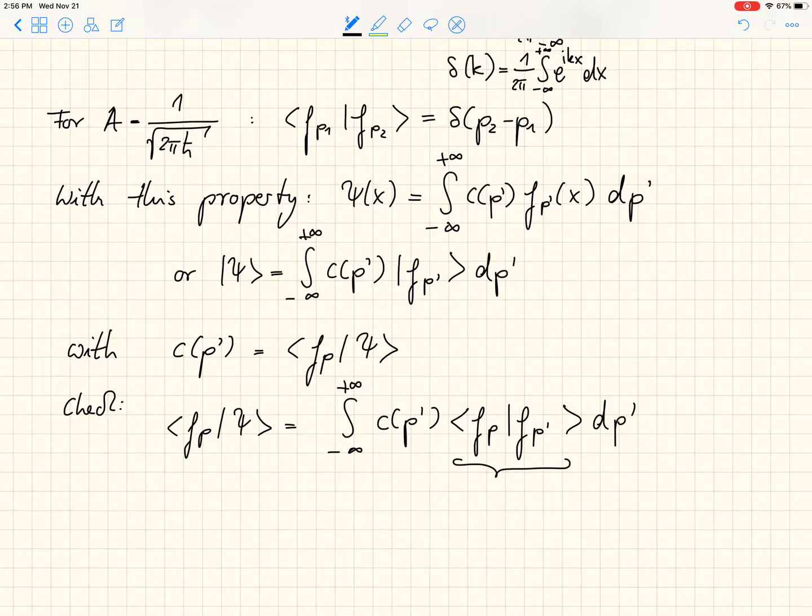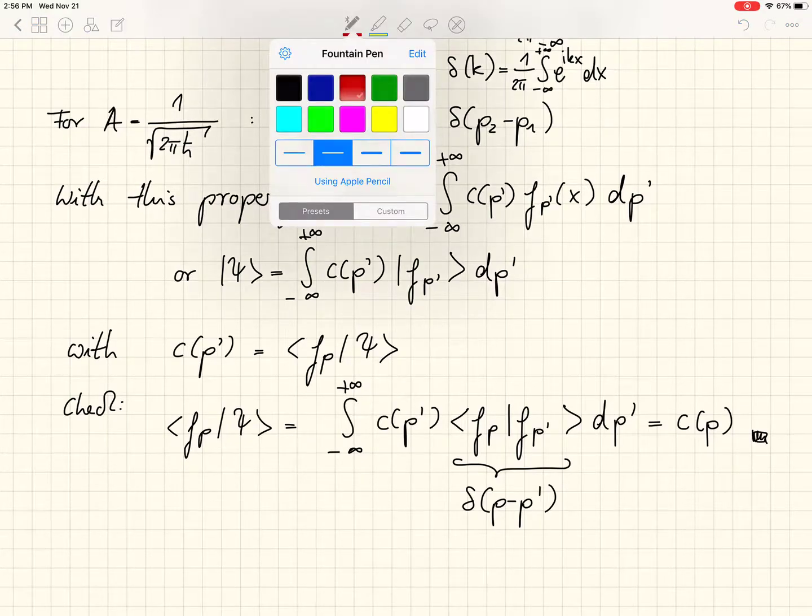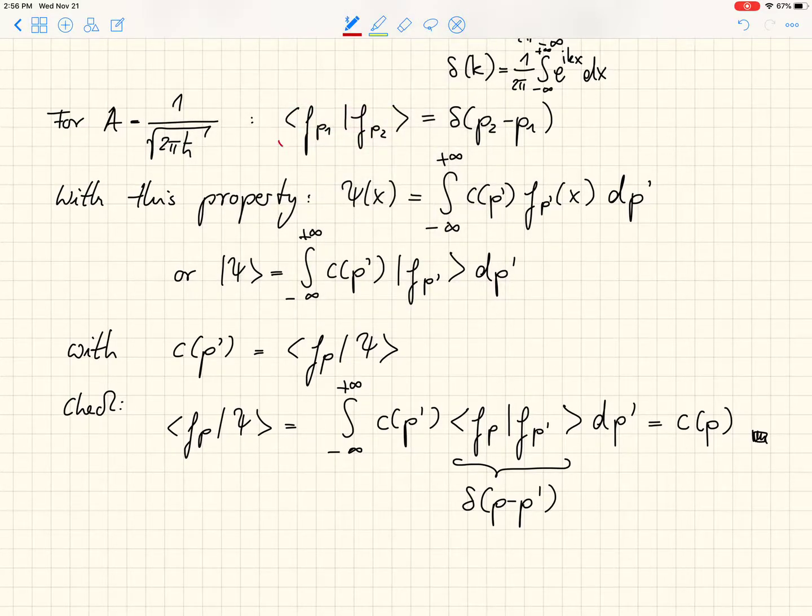We've just observed that this is equal to delta of p minus p dash, and so yes, if we use this, then this is indeed equal to c of p. So what we've shown is that this property here guarantees that this is correct and that we can do this decomposition.